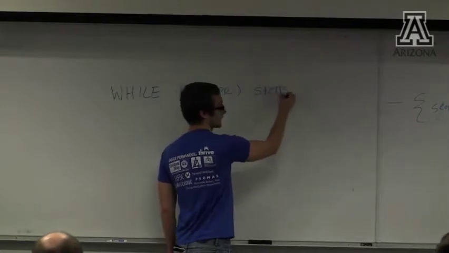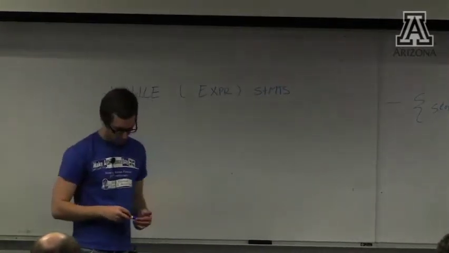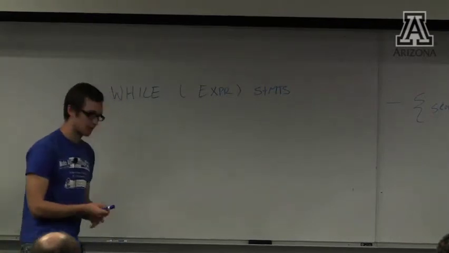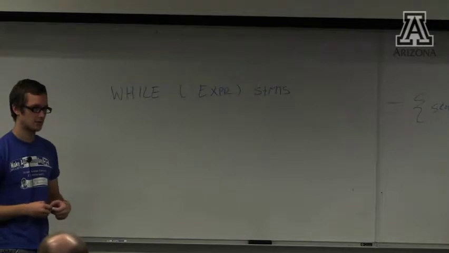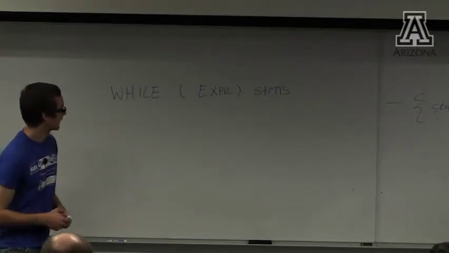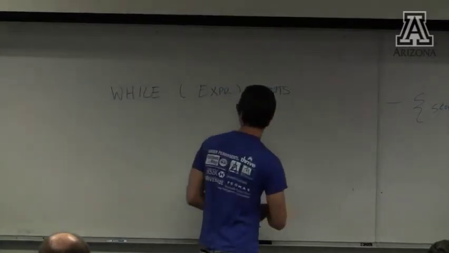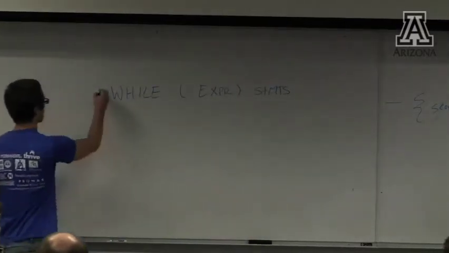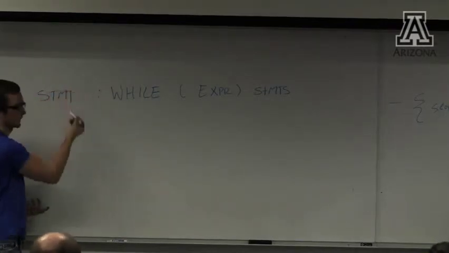So when we're doing code generation, actual semantic analysis and actually doing something with this, at the end of this, let's say this reduces to, I don't know, a while statement.